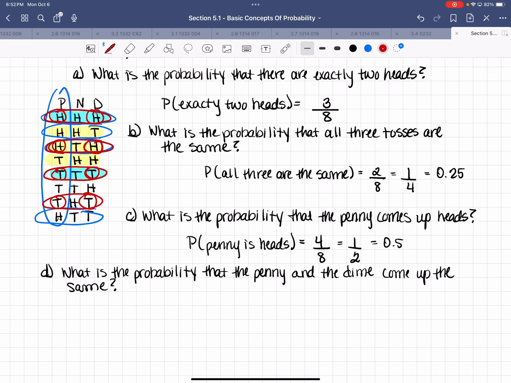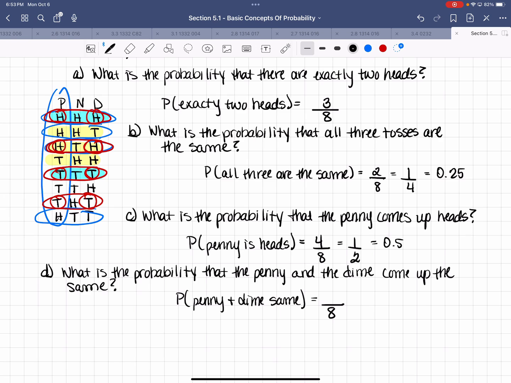Okay, so we can say that the probability of penny and dime are the same. Well, there's total of 8 possibilities. Not 4. There's total of 8 possibilities. At least you were the only one that saw that, Raina.